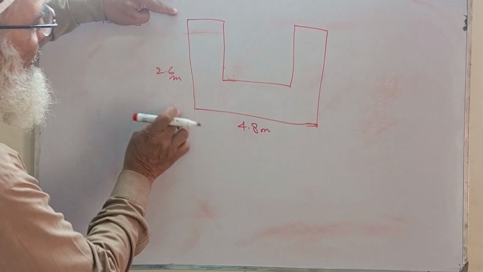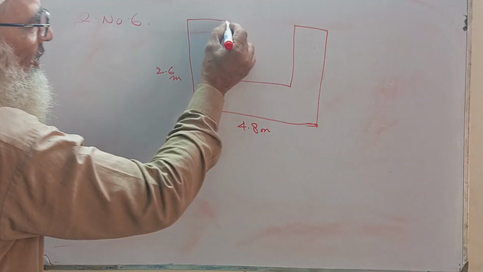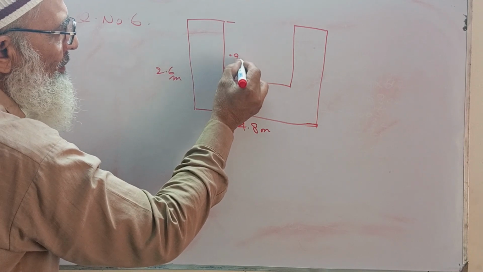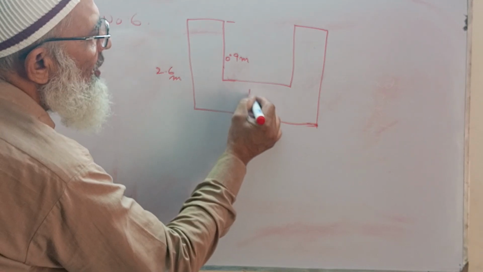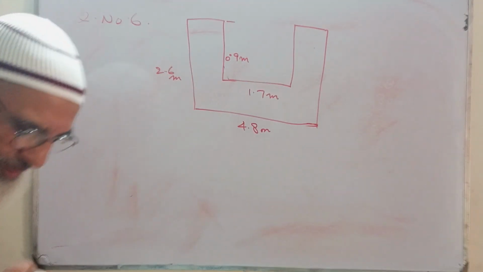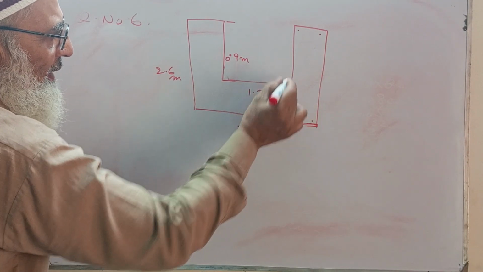This height is 0.9 meters, and this is 1.7 meters, and all these are at right angles.